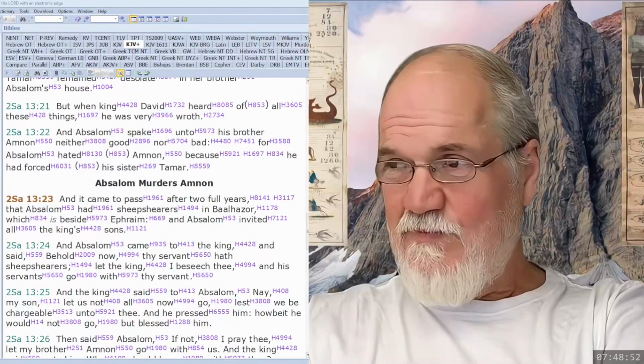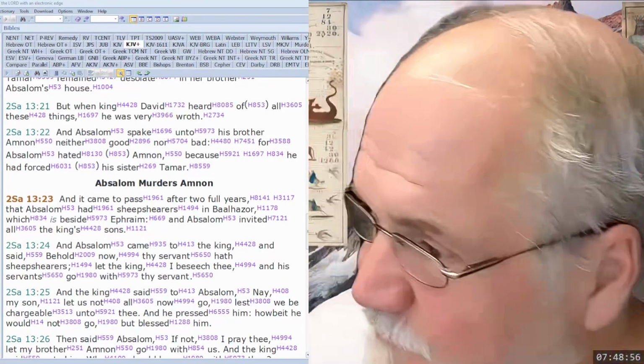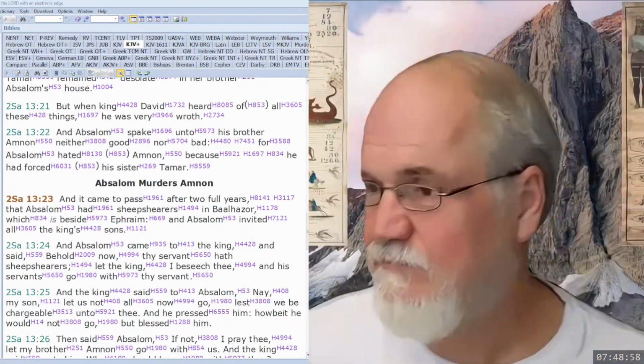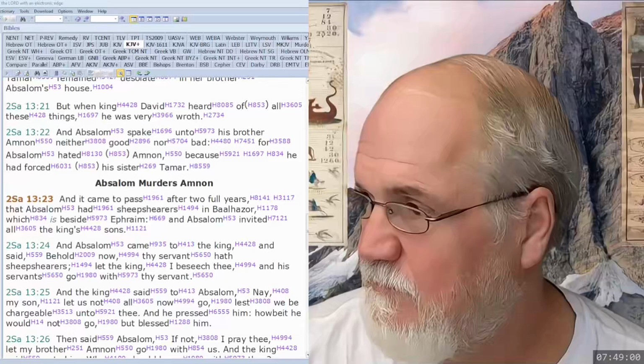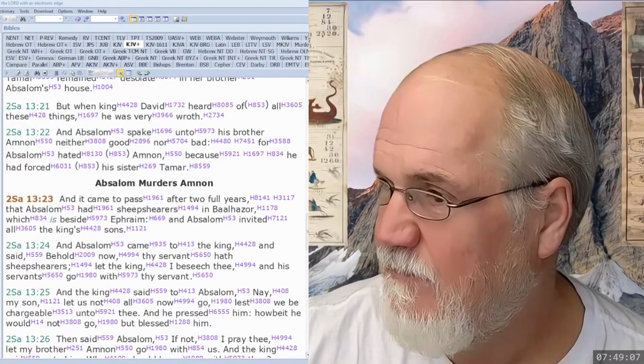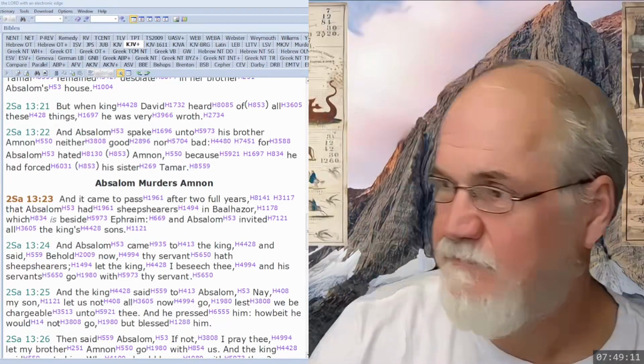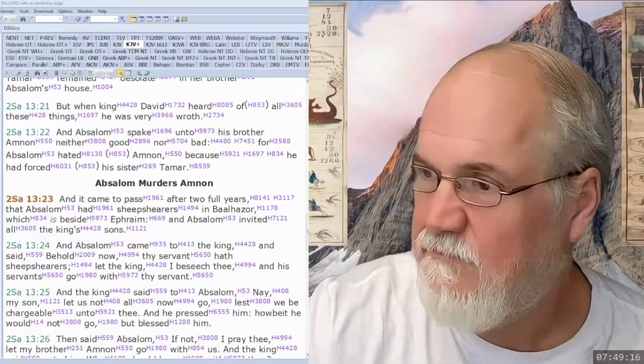Well, there is that. But here's the thing. While Absalom has accepted the role of being the defender of his sister, it was not his role to place judgment upon Amnon.